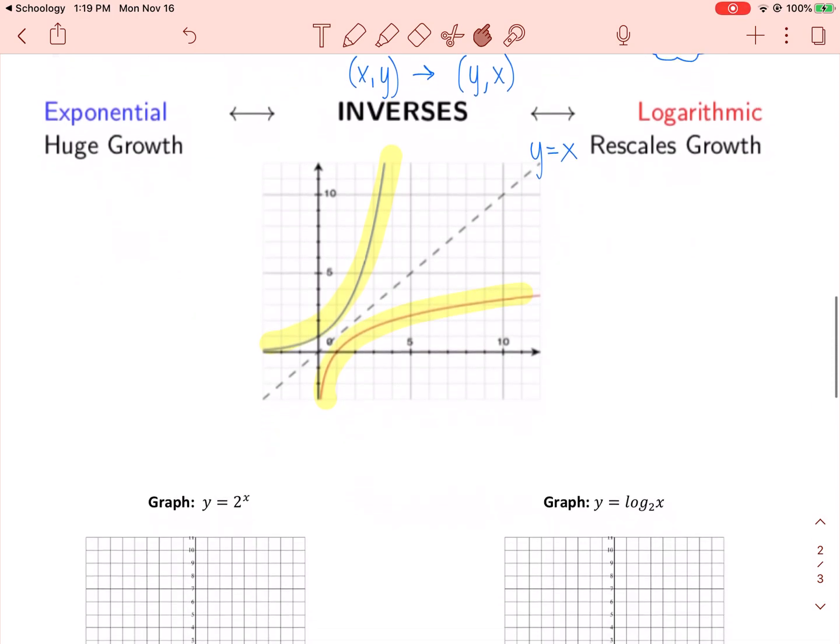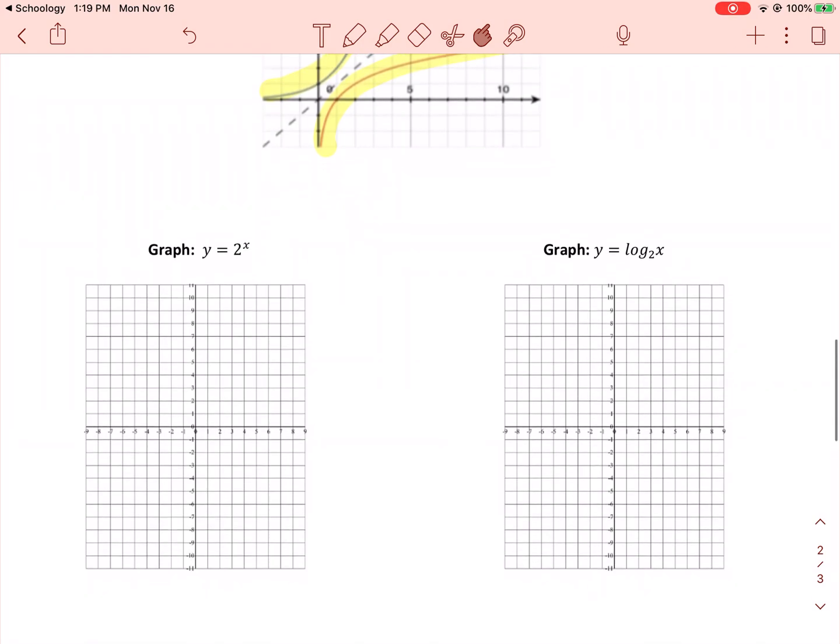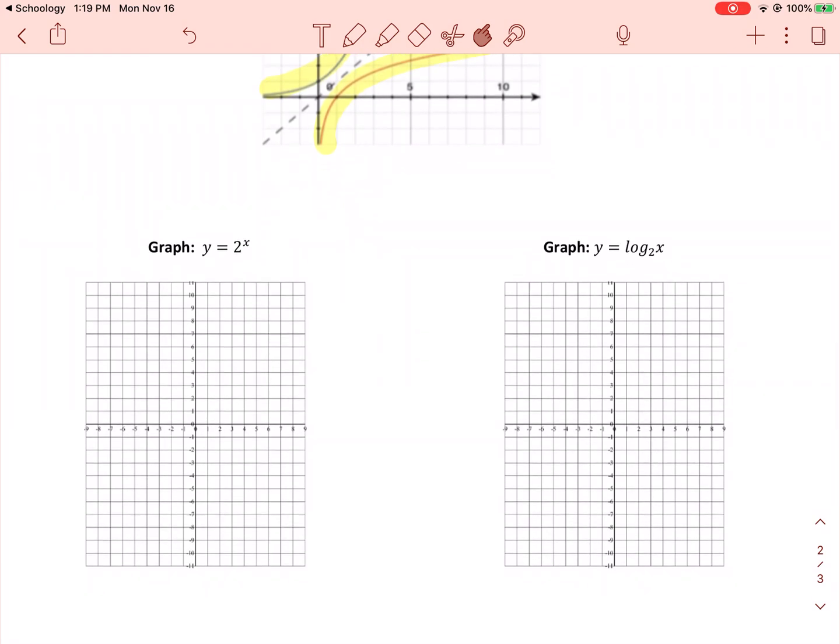We're going to end with just 2 graphs to see this inverse come into play. So first off, we're going to graph y equals 2 to the x. That is something we're familiar with from the videos before. I'm going to do a nice x, y table. I'm going to plug in a negative, a couple positives, and let's see what this looks like.